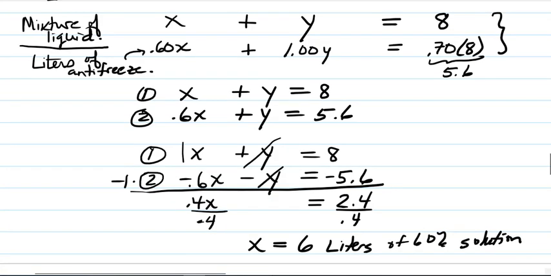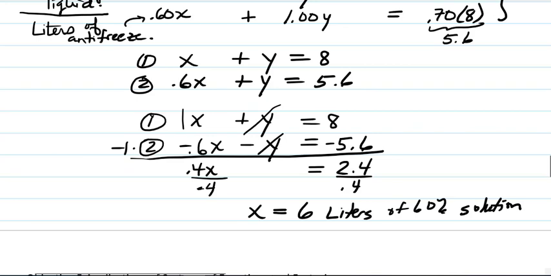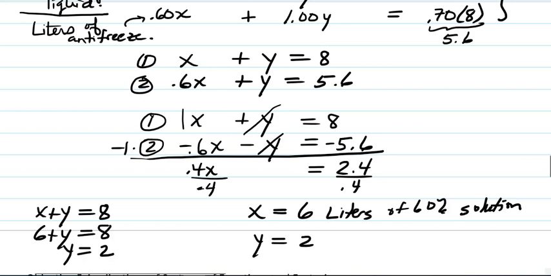And then we need to figure out how many liters of the pure antifreeze. Well, we know that x plus y has to equal 8. So plugging in, 6 plus y equals 8 would mean y has to be 2. So we have y equals 2 liters of pure antifreeze.